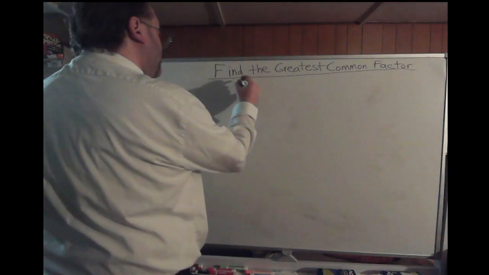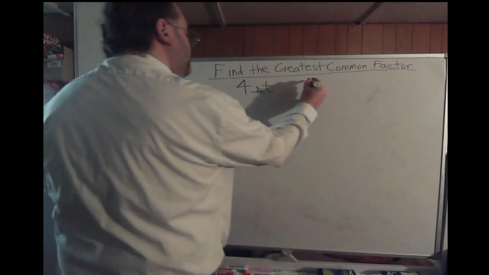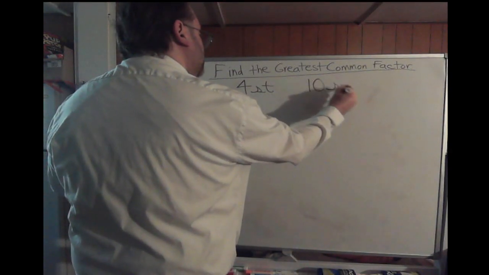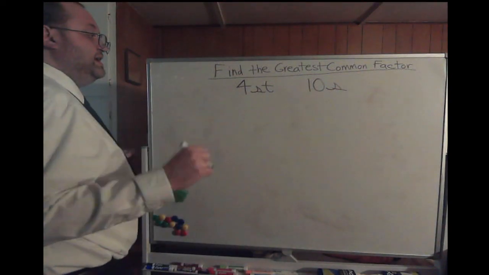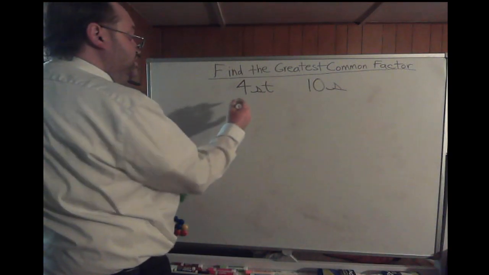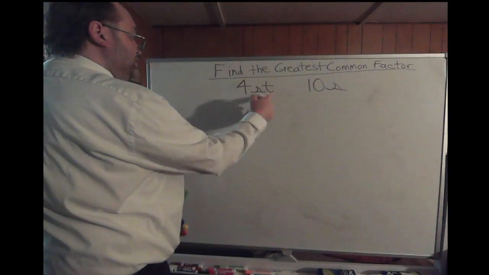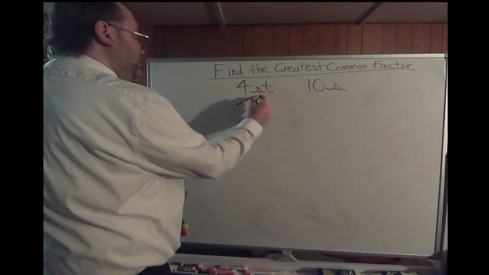All right, let's say we have 4st and then we have 10s. We need to find the greatest common factor of both of those. So what we've got to do is the prime factorization for each one. We have 4 times s times t. That splits 3 ways.